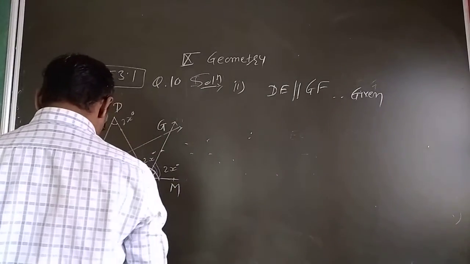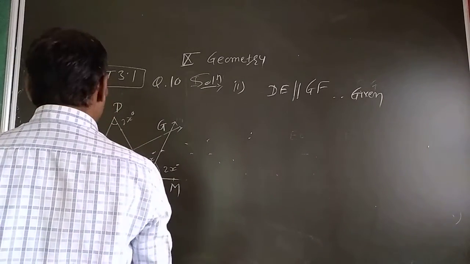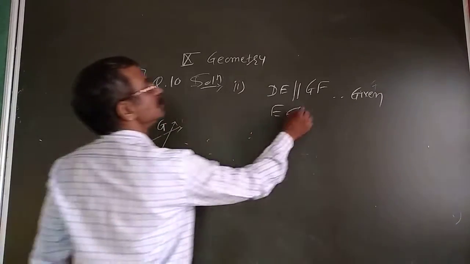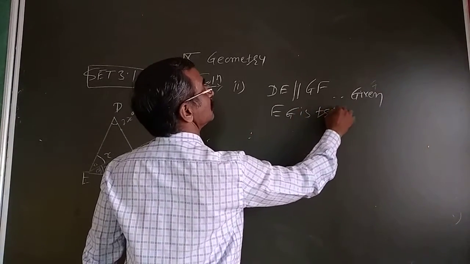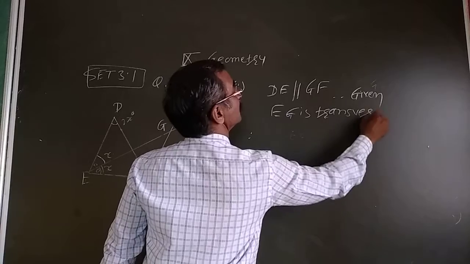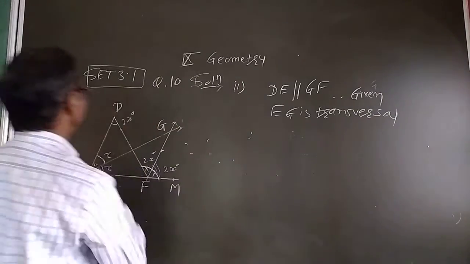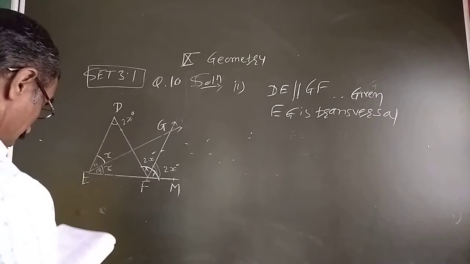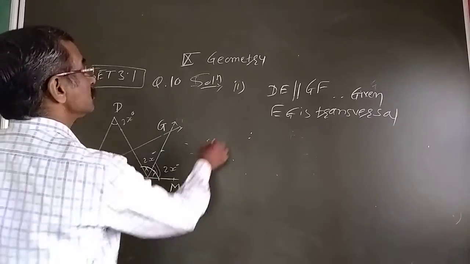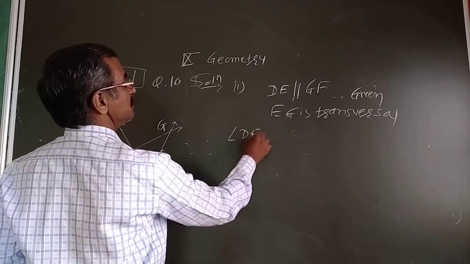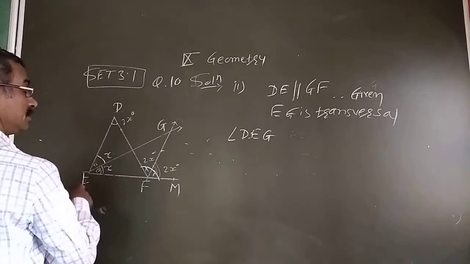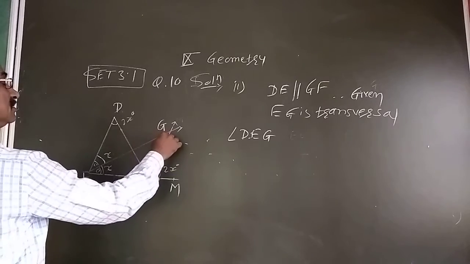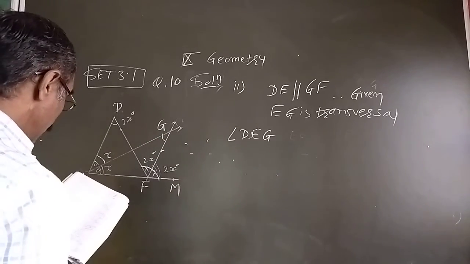And then EG is the transversal. This line is a transversal of two parallel lines. So by using the alternate angles are congruent, DEG is this angle and this angle, these two are the alternate angles.